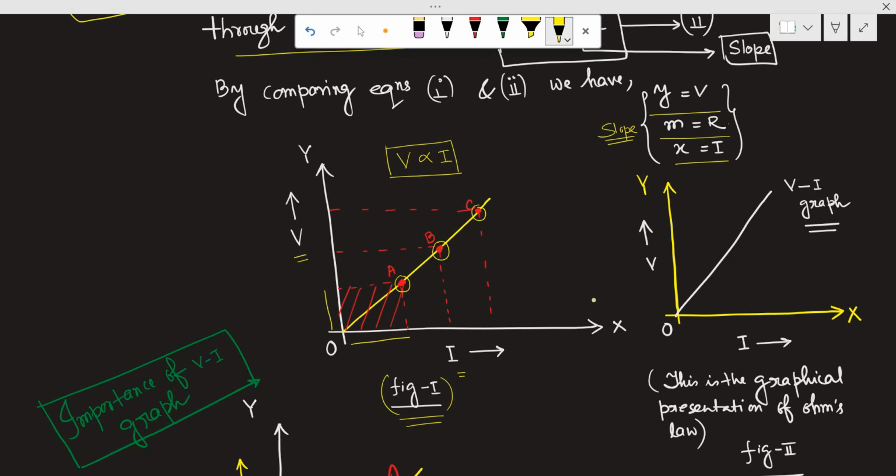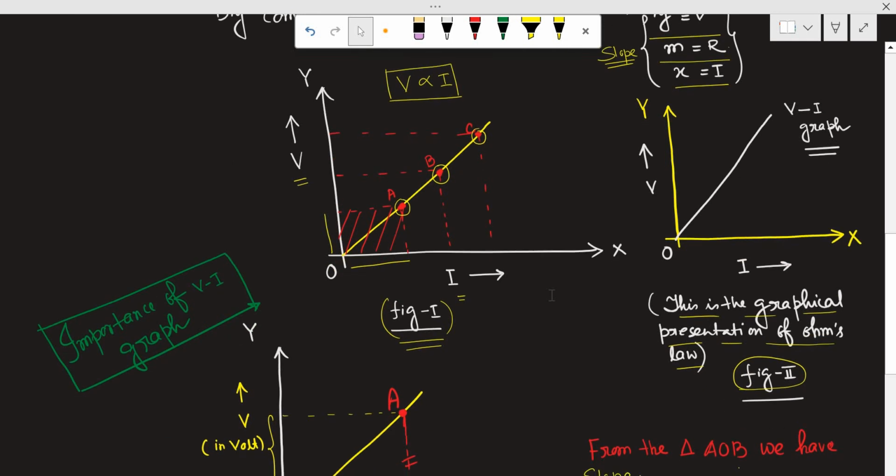Now we draw the graph again, plotting current I along the x-axis and potential difference V along the y-axis. I am writing here: this graph is the graphical presentation of Ohm's law. Sometimes in examinations it is asked through the graphical representation of Ohm's law. Then we will just draw the second figure without any hesitation.